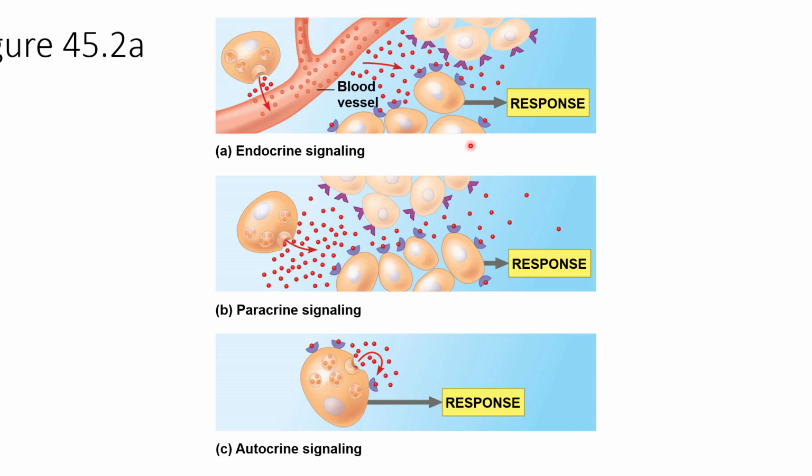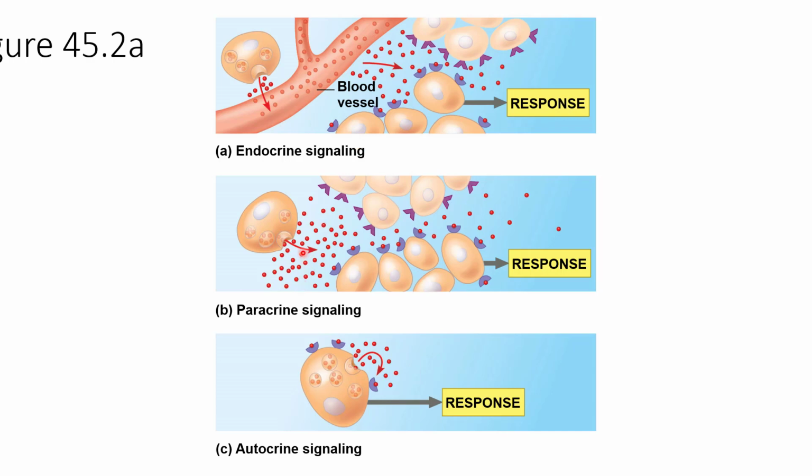So there are different kinds of signaling. This chapter primarily focuses on endocrine signaling, where hormones, chemical signals, are released by cells, perhaps in glands, that then go into the blood vessels, so into the cardiovascular system, where they are then dispersed throughout the body. Those signals then dock to receptors on or in cells, leading to a response.